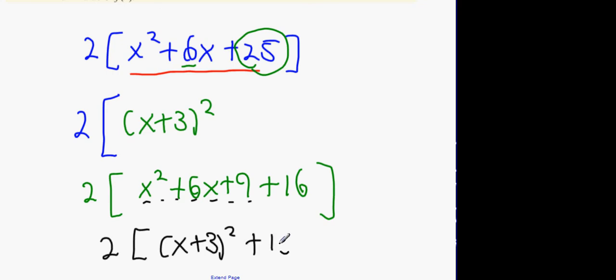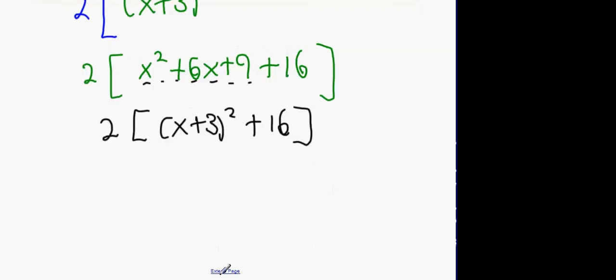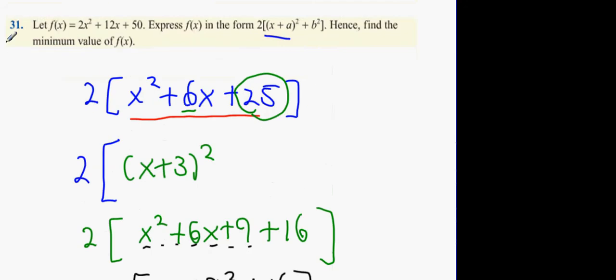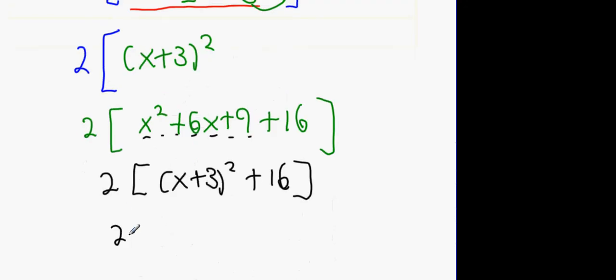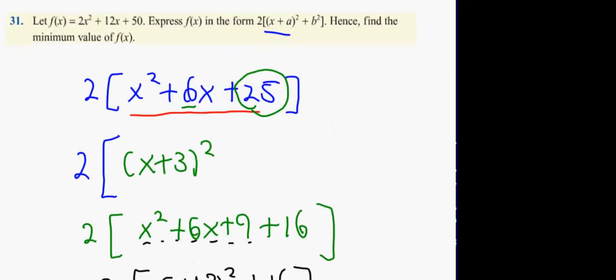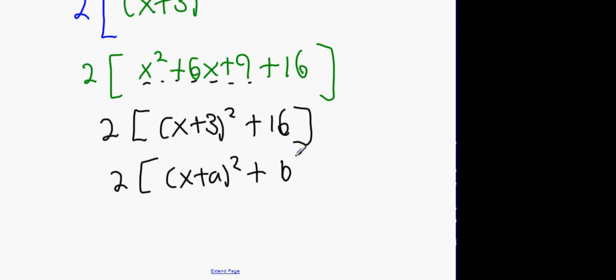Now we compare it to what they wanted us to present it like: 2 brackets (x plus a) squared plus b squared. Now, 16 is not being squared, so we can change 16 into 4 squared. A equals 3, b equals 4.